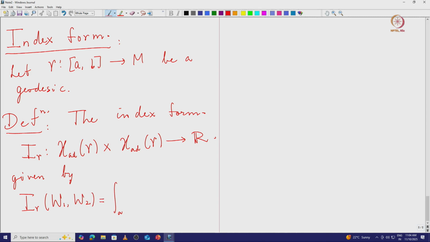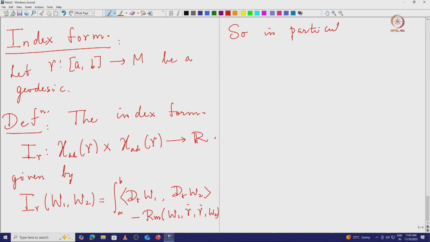Okay, so this is just going to be the integral from a to b of the inner product of the covariant derivatives w1 prime and w2 prime, minus a curvature term. So in particular, suppose W is in the tangent space to omega pq at gamma.